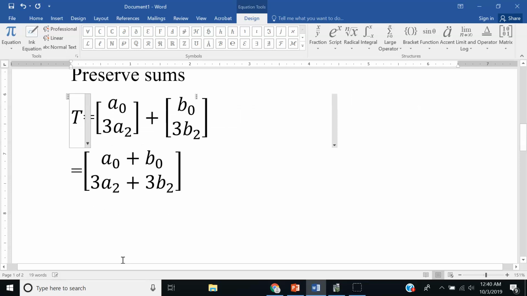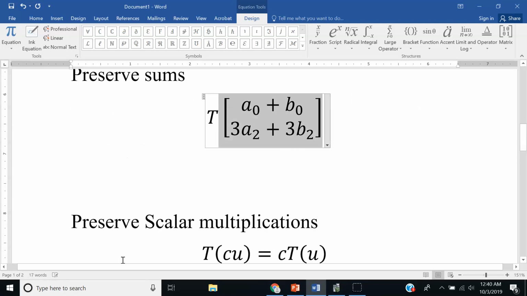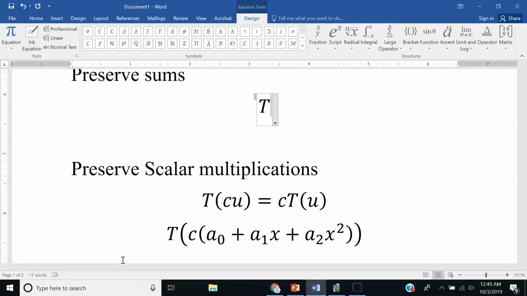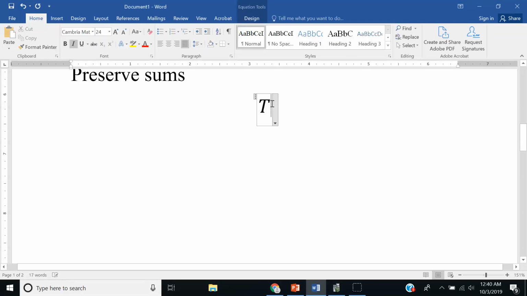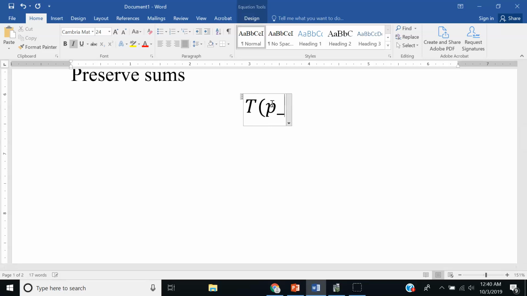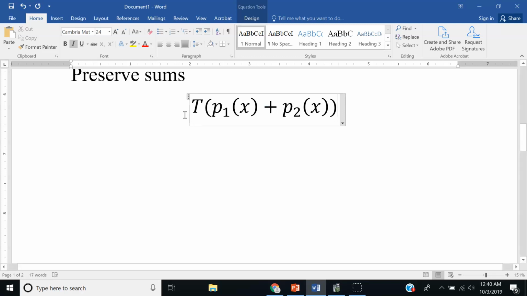We're going to look and see what's going to happen when you transform a sum of one polynomial plus another polynomial. If we get the same thing as if you transform the one and then add transforming the other. Okay?